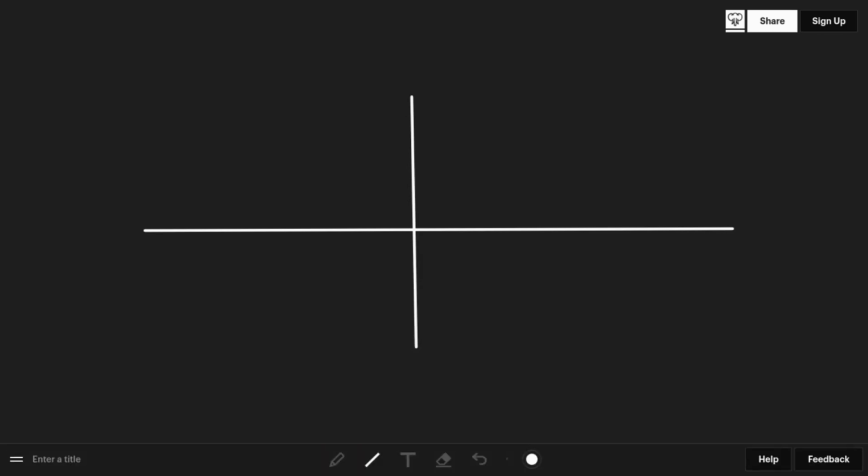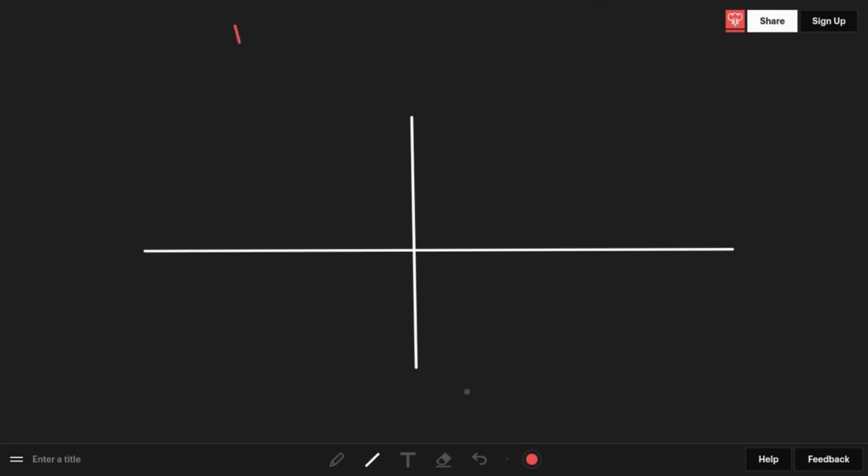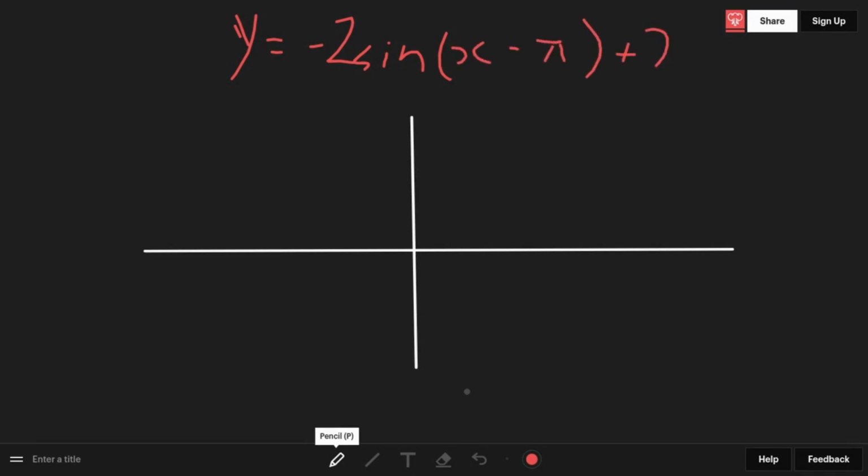Let's say I have to graph, I'm given the equation y equals -2 sine (x minus pi) plus 2. So how would I graph it?